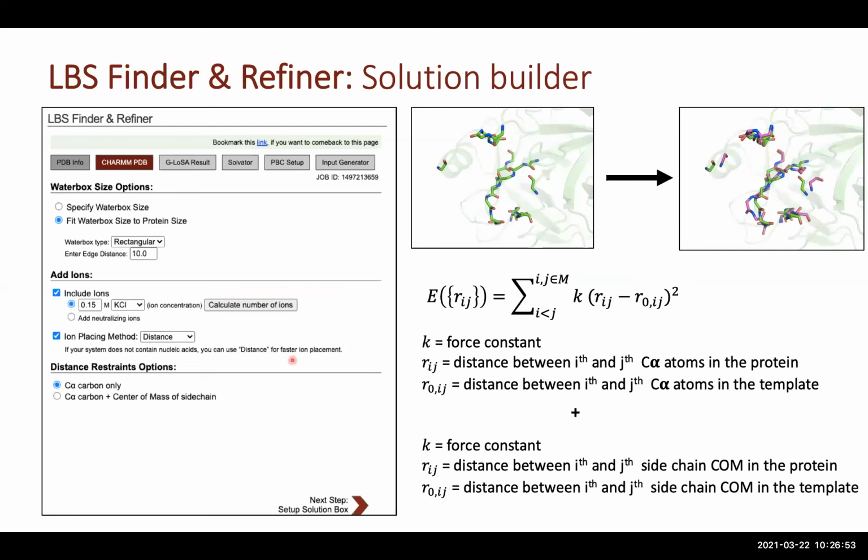The way we do this is we use harmonic distance restraint potentials. So on the panel up here, you have your binding site residues shown in green stick representations.